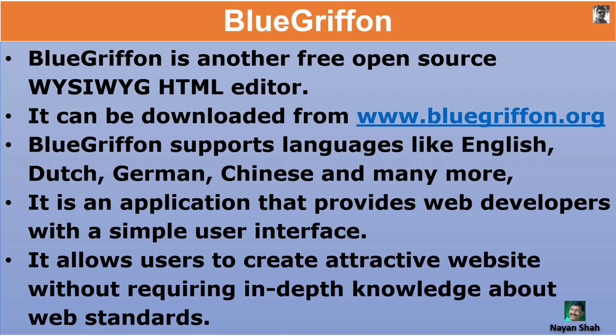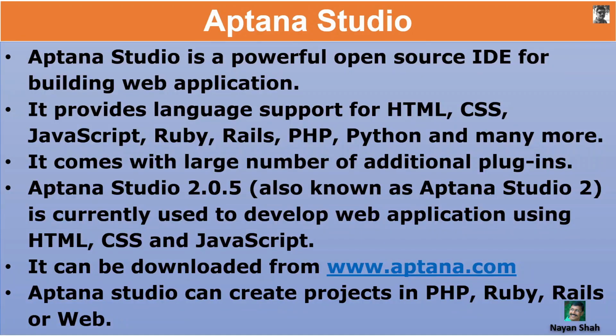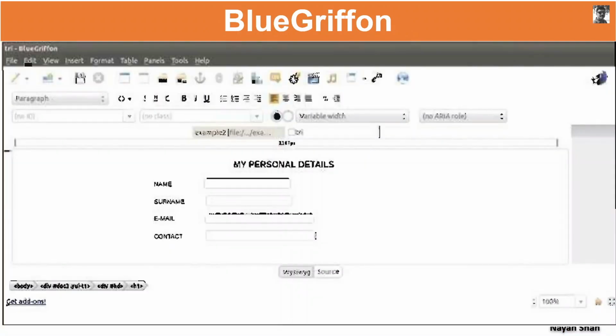Again, go through these points. Remember that the spoken language support is in Blue Griffon. Support for different computer programming languages is in Aptana Studio, like JavaScript, Ruby, Rails, PHP, Python, and other things. So that is Blue Griffon, and this is the screen of Blue Griffon where one page is created.